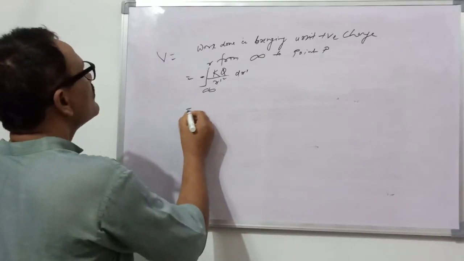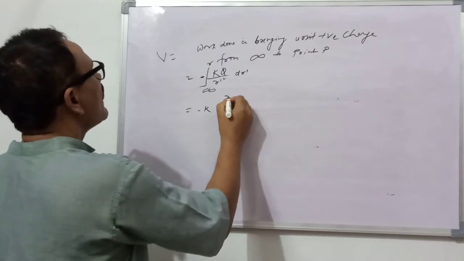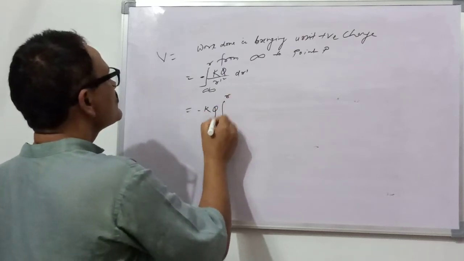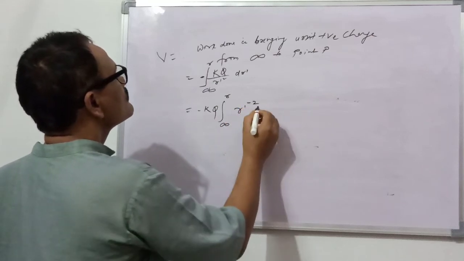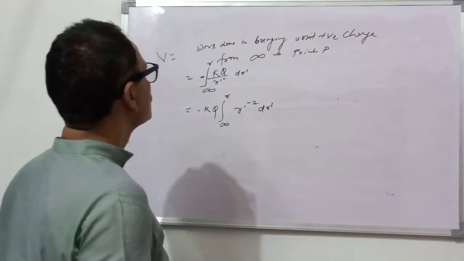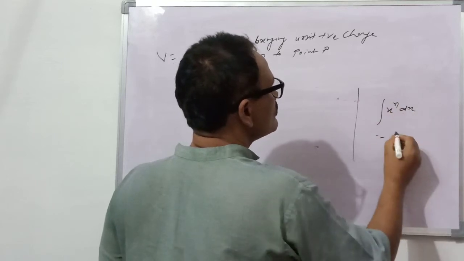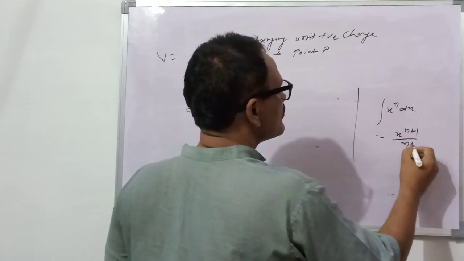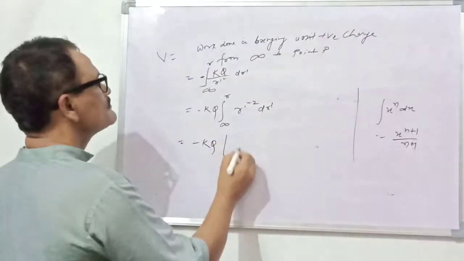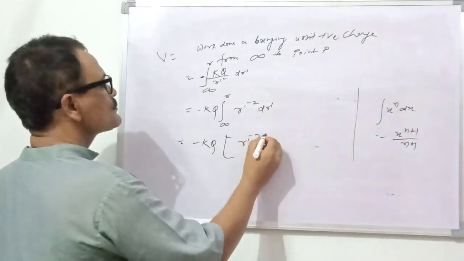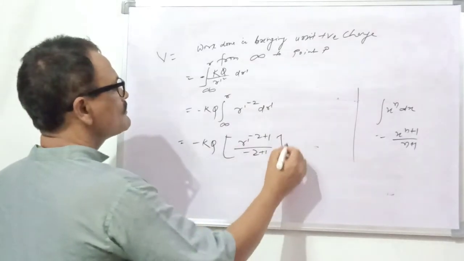Now this k is constant, the minus sign is here, and the limits are infinity to r. Q is constant, and we have r dash to the power minus 2 dr dash. Using the integration rule, x to the power n plus 1 divided by n plus 1, we get minus kQ times r dash to the power minus 2 plus 1 divided by minus 2 plus 1, from infinity to r.